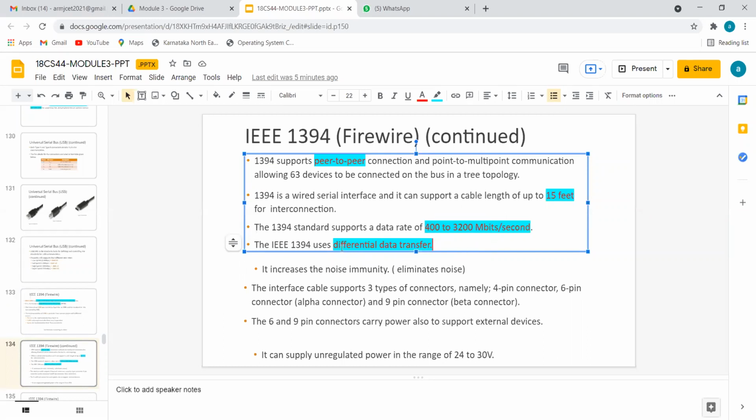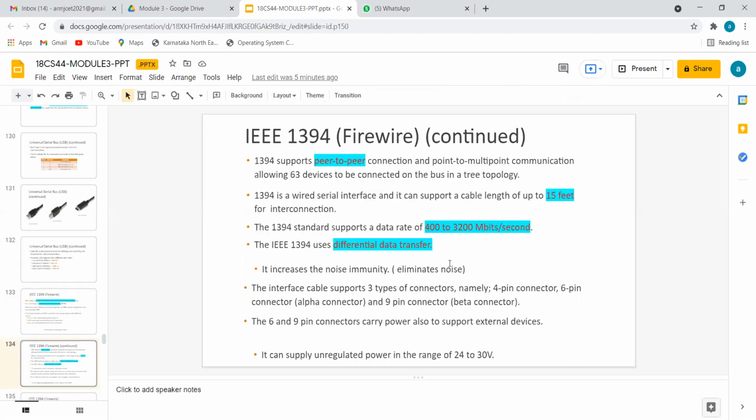And it uses differential data transfer. Differential means, I hope you remember this third semester experiment, op-amp, where you have input plus and input minus. There will be LTP and UTP. If the data is more than the UTP reference, it is called plus.